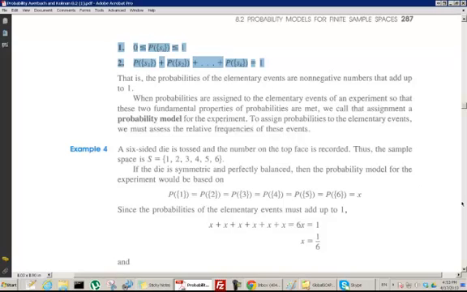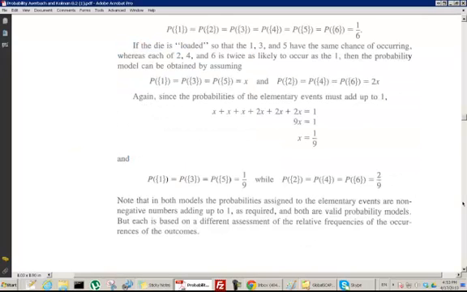Okay? Now let's go a little bit further and look at this. If the die is loaded, this means it's not balanced. You might have a die that you've changed physically somehow, maybe because you want to cheat with it.